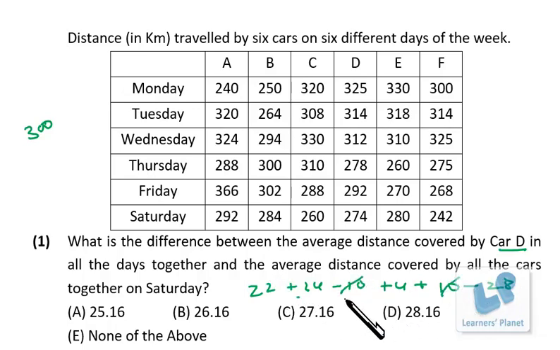Minus 10 plus 10 cancelled. 14 plus 4 is 18, 18 minus 28 is minus 10. So 22 minus 10 is 12. 12 by 6 is 2. So precisely our average is 272. Right? So the difference between these two is 28. Since we removed that 5 by 6, we'll be getting the approximate answer. So closer to 28, we have 28.16. Right? I hope you are clear with this method.